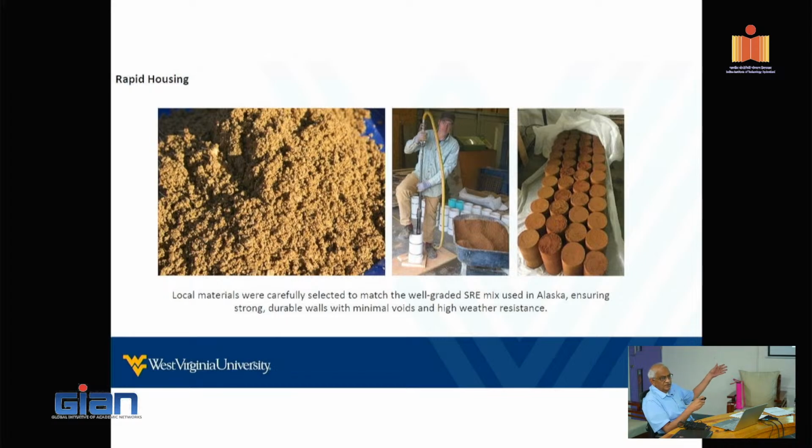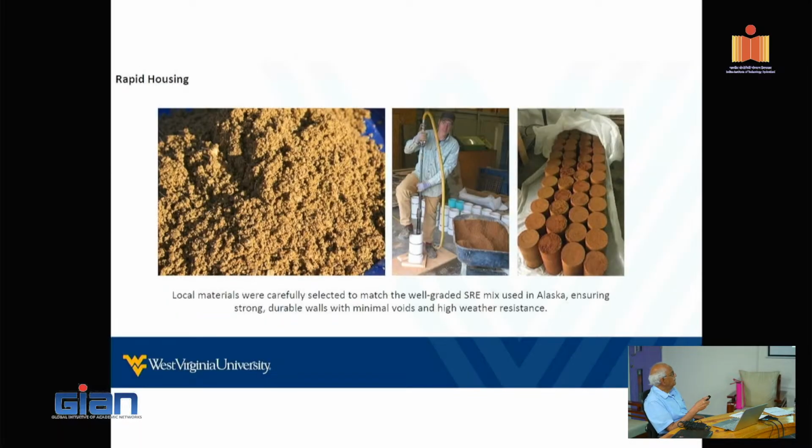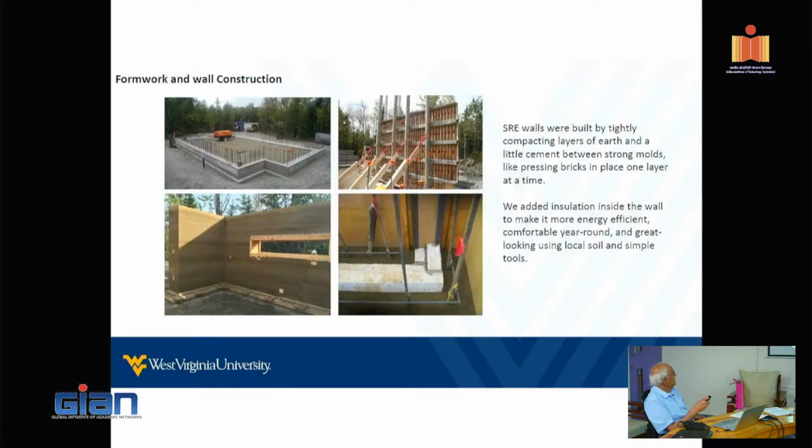How you do the rammed earth, I won't go there, but the message is, it is so extraordinarily heat resistant, or cold resistant, whichever way you call it. These are some of the details about that. It looks good. It's not an inexpensive thing, I admit, but not for everybody. It's only for rural communities where you use the local material.